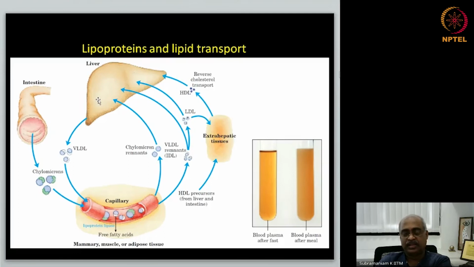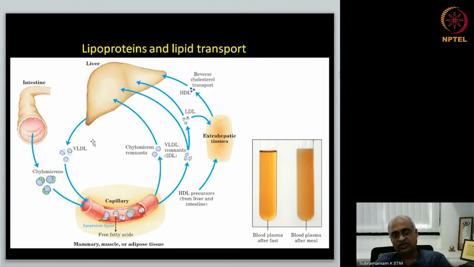Okay, and that excess carbohydrate is what is converted into triacylglycerol and cholesterol and loaded into VLDL particles. So this is internal production of lipids in contrast to the chylomicrons that they take from the digestive system. Okay, this is coming from the diet.